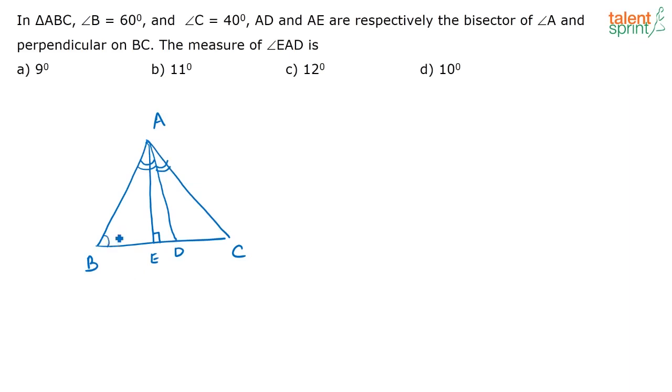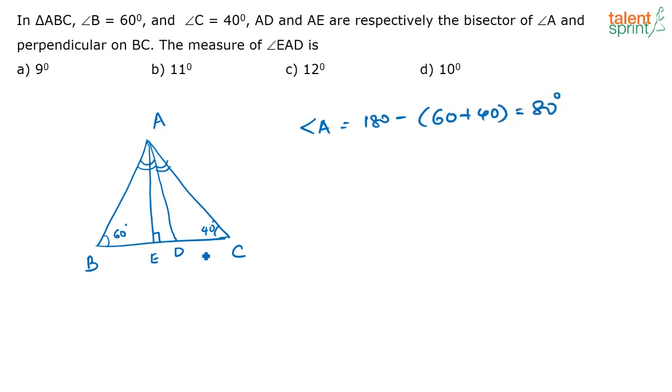You know, this is 60 degrees and this is 40 degrees. So what can you say about angle A? Here you make use of the property of triangles, that the sum of angles of a triangle is equal to 180 degrees. So angle A is equal to 180 minus (60 plus 40), correct? That is 180 minus 100, which is equal to 80 degrees.